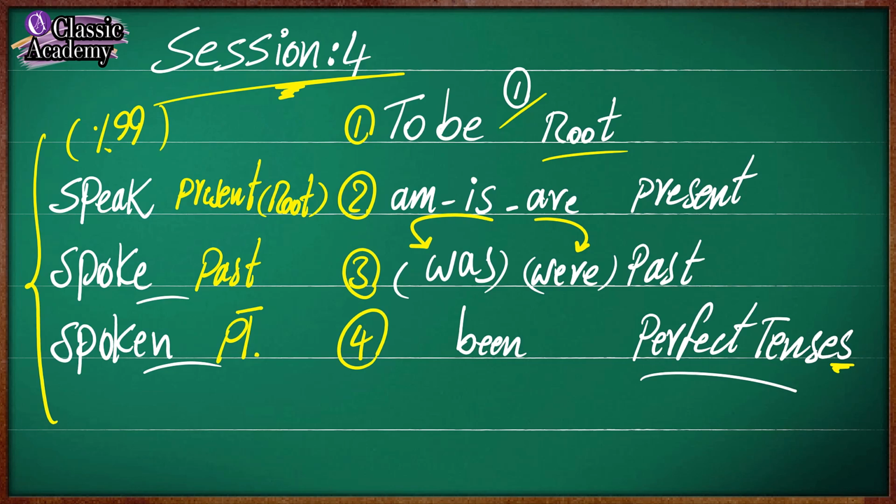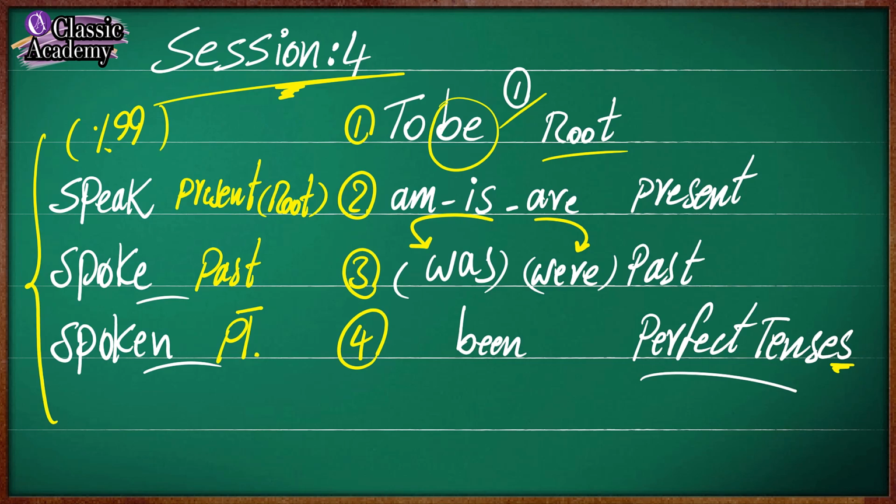Just keep in mind, later on we will talk about the root and the use of the root of the verbs in different structures. When I ask you to put the root of the verb, be careful that you need to use be only, not am, is, are, because am, is, are is present.